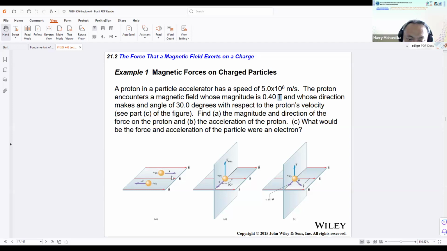So in this case, we have a charged moving particle with velocity and the direction of it known at this point, and then the moving particle is now influenced by an external magnetic field, whose magnitude is equal to 0.4.